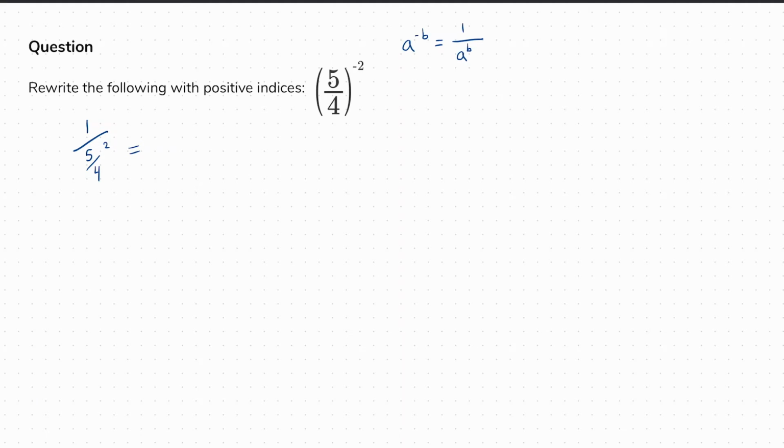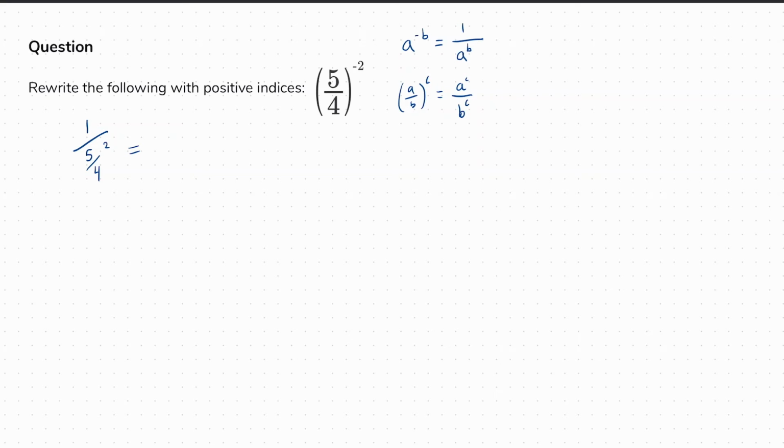Now, there are a couple of ways we can deal with this. Again, keeping in mind another rule, which is that (a over b) to the power of c is equal to a to the power of c over b to the power of c.